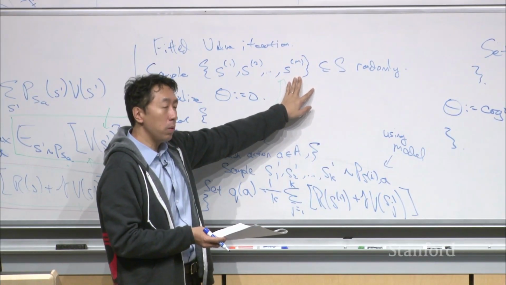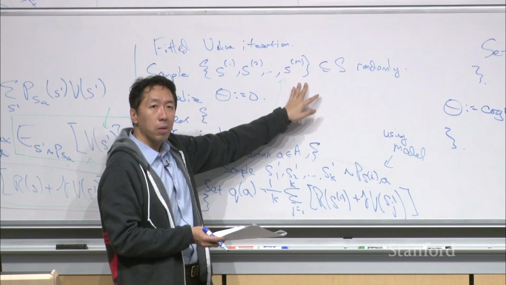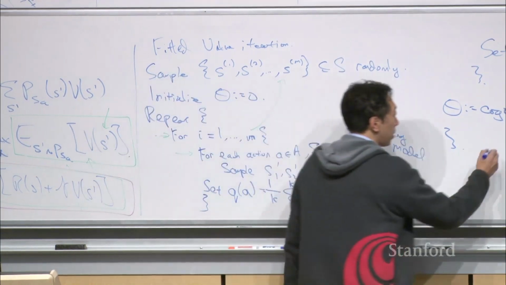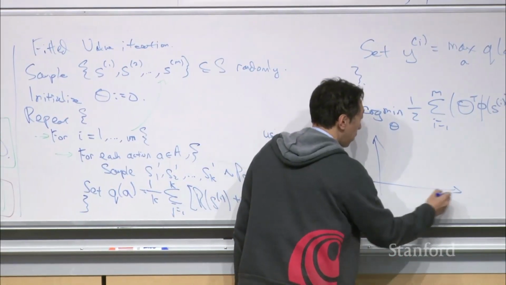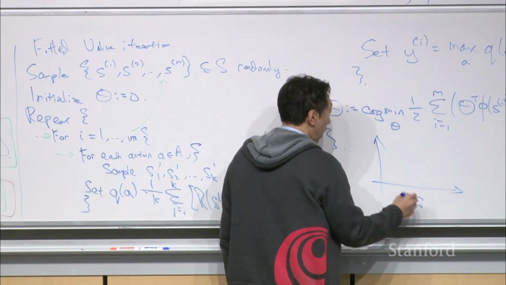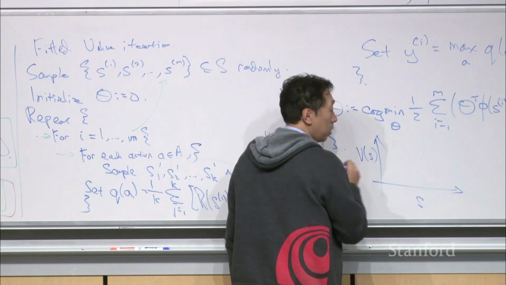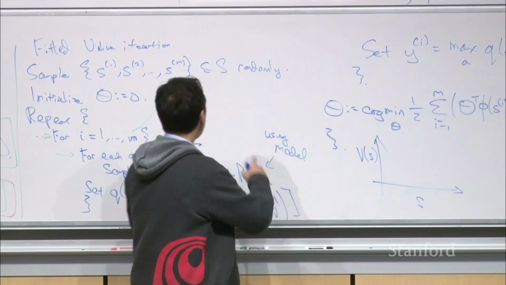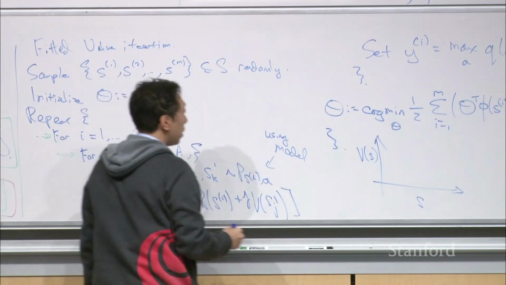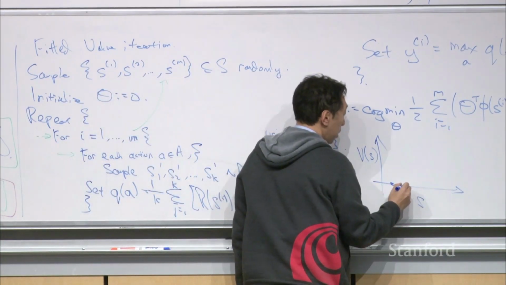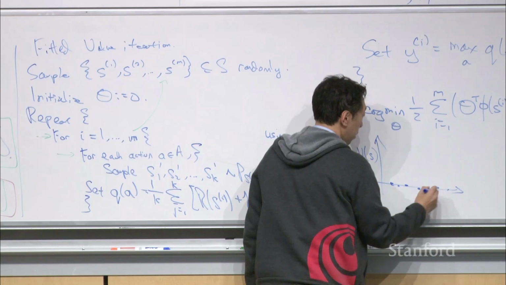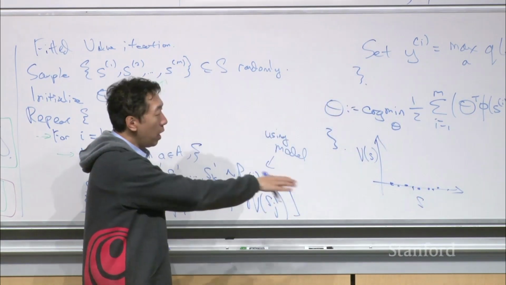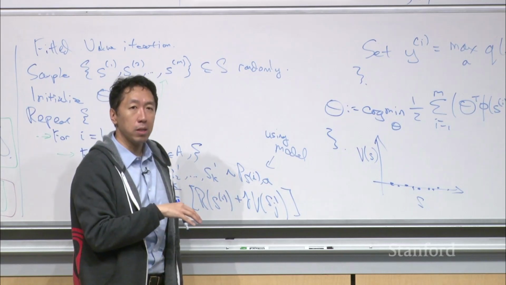which is the number of states you use in order to anchor the fit. The way to think about this is you want to learn a mapping from states to value functions, and so these M states are M points we choose on the x-axis.